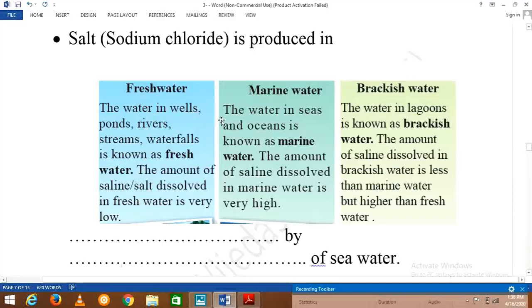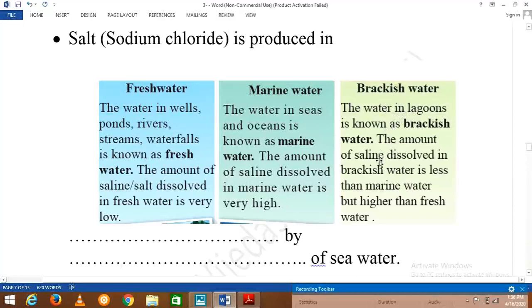If we take marine water, the water in seas and oceans is known as marine water. The amount of saline or salts dissolved in marine water is very high. That is why there is a salty taste. Then brackish water is the water available in lagoons.